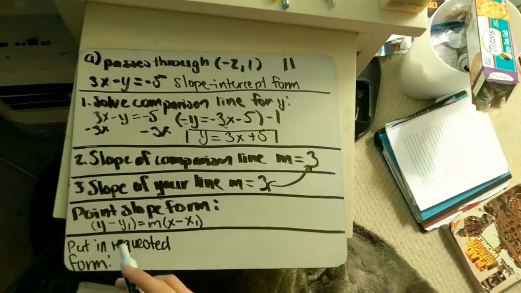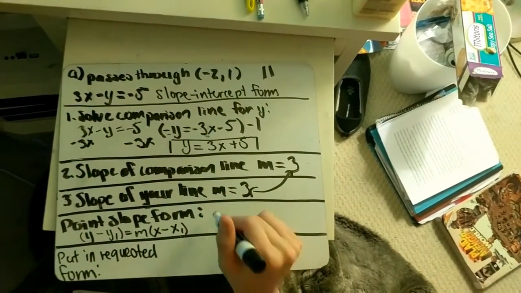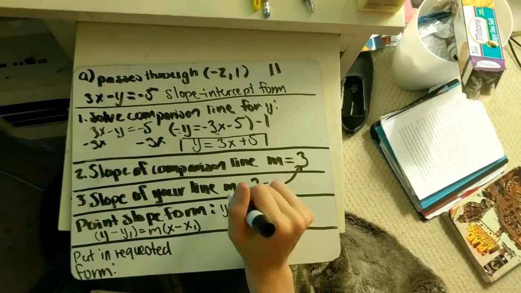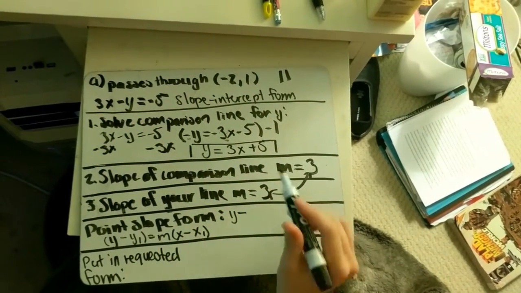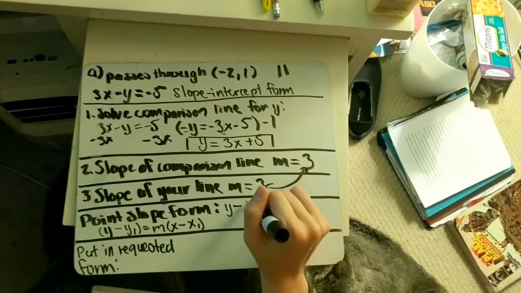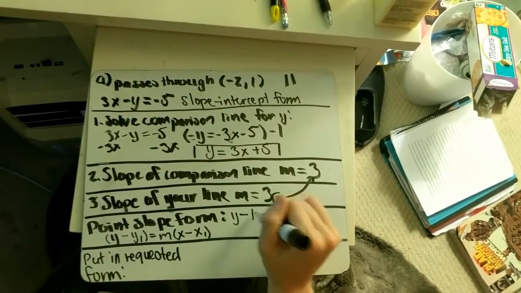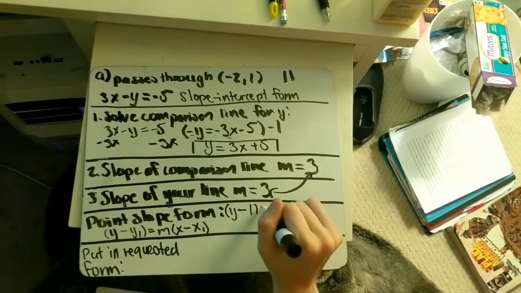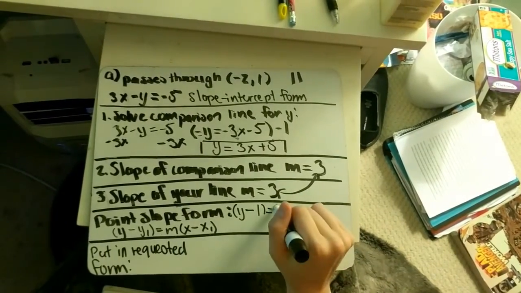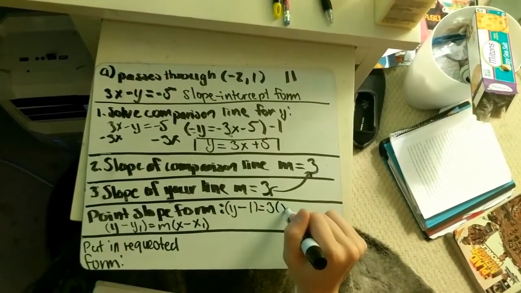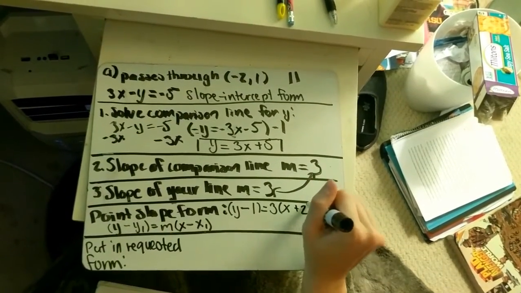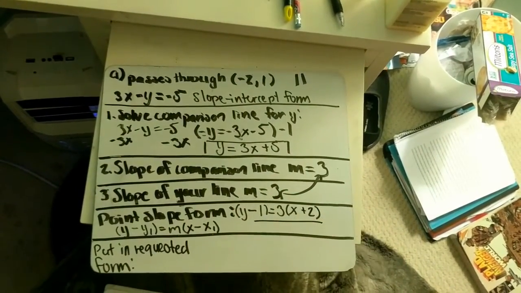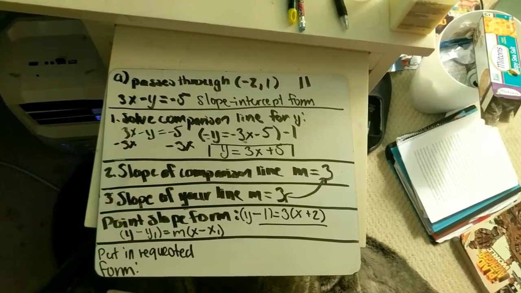So we'll plug our numbers into this equation: y minus 1 is equal to 3 times x plus 2. That will be our point-slope form equation.